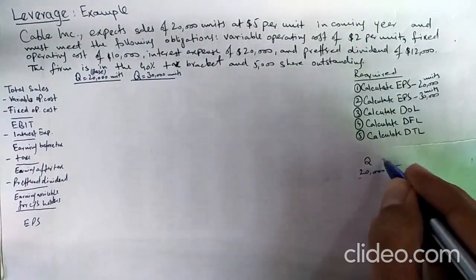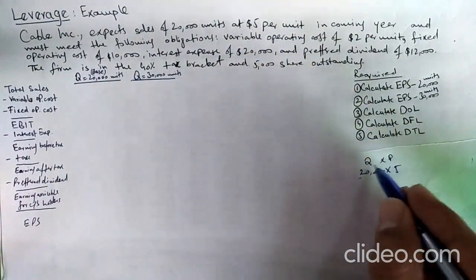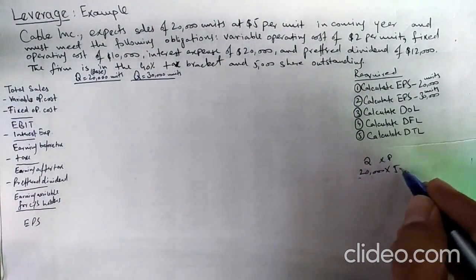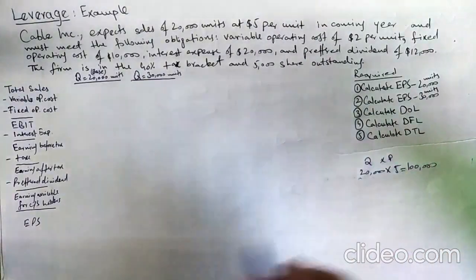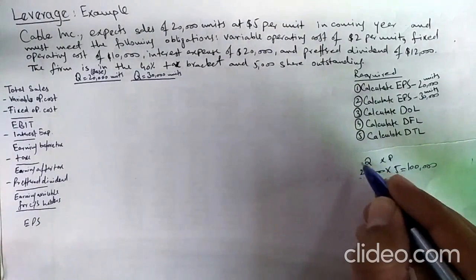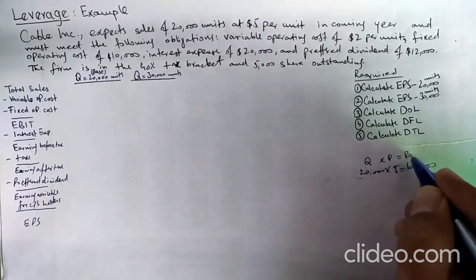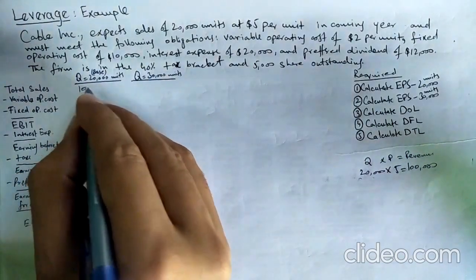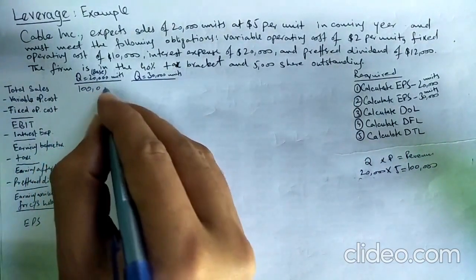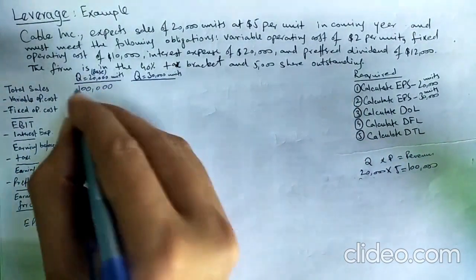So this is Q and this is P. Multiplying quantity by price, the total amount is 1 lakh. So total expected revenue when we sell 20,000 units is $1 lakh.